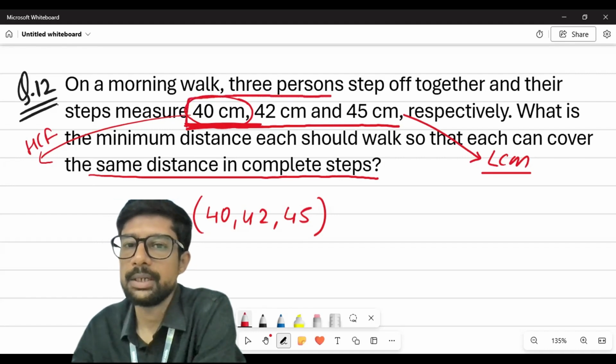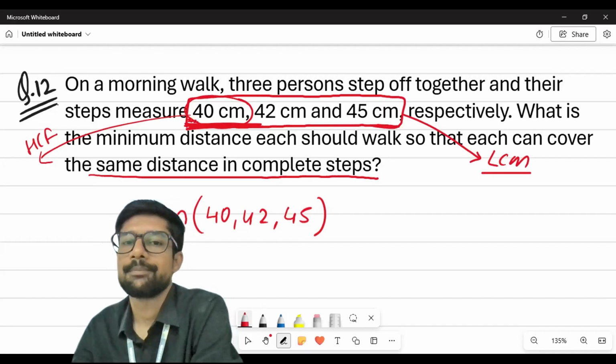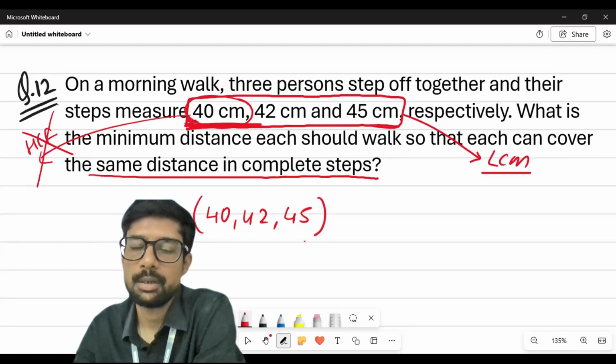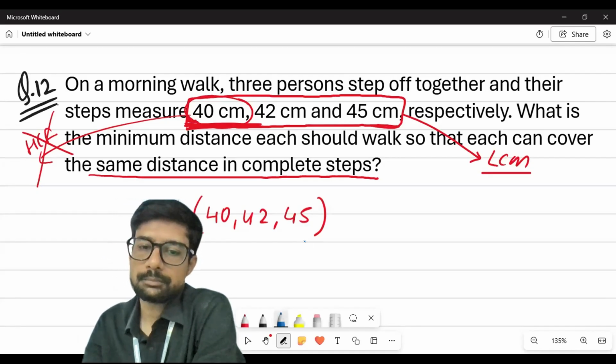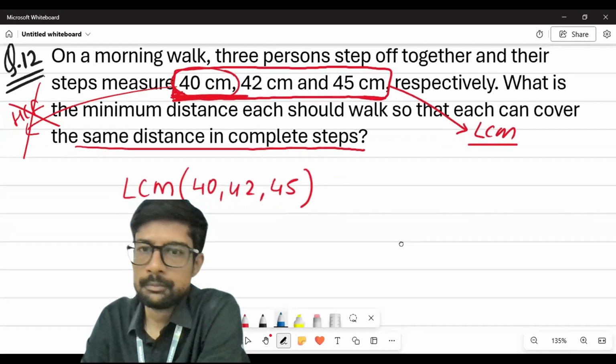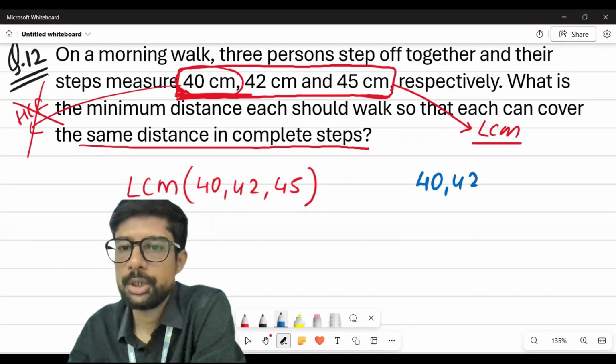They cannot complete or walk a distance less than 40. So we will not go for HCF right now. It's the call for LCM. LCM for 40, 42, 45.